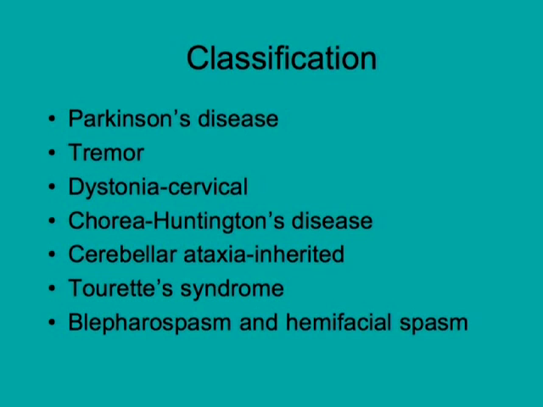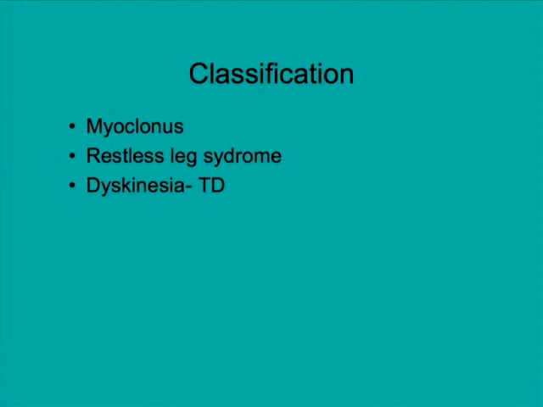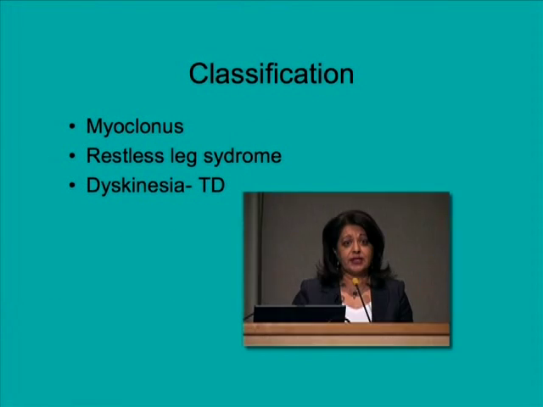Blepharospasm means very painful squeezing of the eyelids, which can cause a spasm and irregular movement of the eyelids, which is also considered a movement disorder. And so is hemifacial spasm. One part of the face can go into spasm real bad and cause some tingling and movements of the face. Myoclonus is just a jerking activity of the whole body.